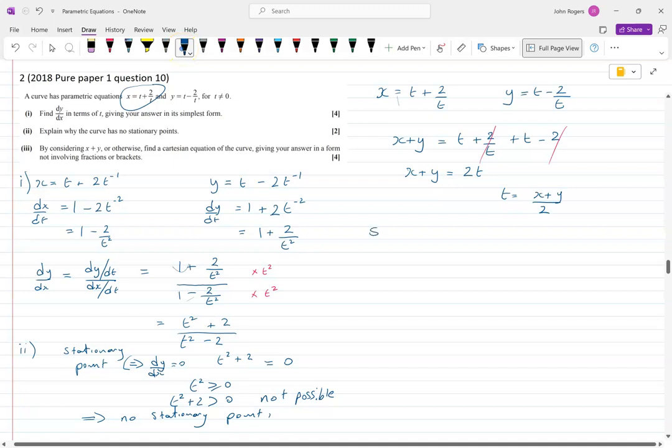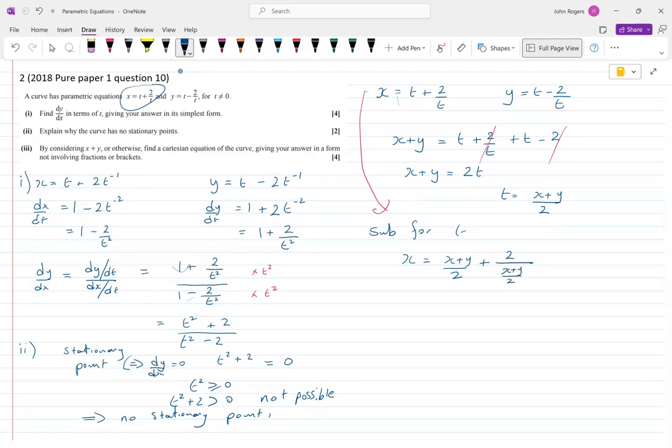And we've got to substitute for t into this equation. I say it wouldn't matter if it was the other one. So we've got x is equal to x plus y over 2 plus 2 over x plus y over 2. Right, okay, so it wants us to get rid of the brackets, so there is a little bit of messing around to do.